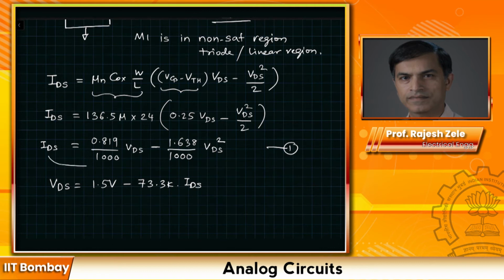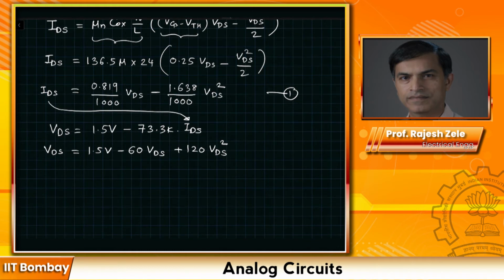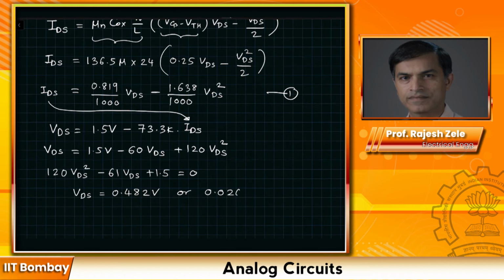So now we can substitute IDS here in this equation and you will get this is equal to 1.5 volts minus 60 times VDS plus 120 times VDS square. So this should give you a quadratic equation, and the two roots of this equation are going to be VDS is equal to 0.482 volts or 0.026 volts.